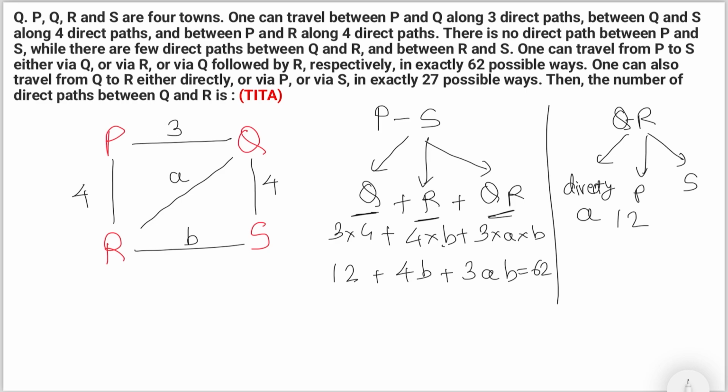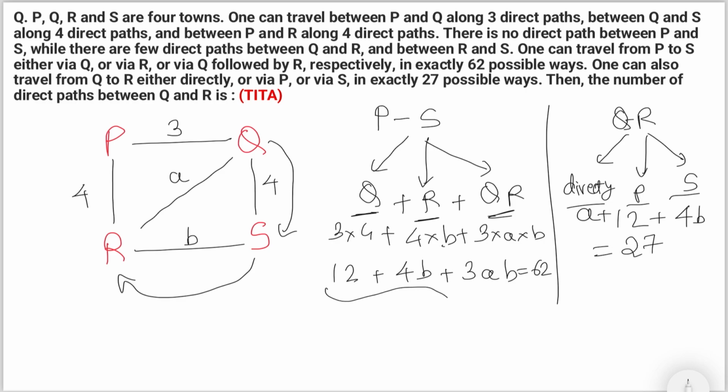And Q to R, if I'm traveling via S, Q to S is 4 ways and S to R is B ways. Total number of ways is 4 into B, which is 4B, and the total number of ways will be A plus 12 plus 4B, either directly or via P or S. The total number of ways if you're traveling from Q to R will be A plus 12 plus 4B, and this total has been given to us in the question as 27.